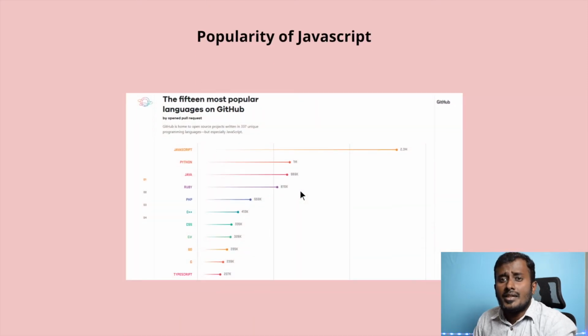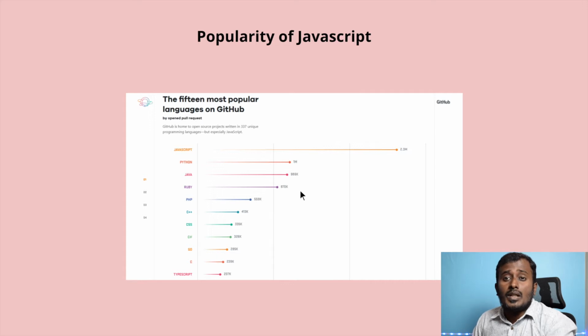In recent years, JavaScript's popularity has grown leaps and bounds. If you see this slide, it gives you an understanding of the number of open pull requests in GitHub compared with other programming languages like Python, Java, Ruby. In GitHub, it's leading by a very big margin, which means that JavaScript is really active.